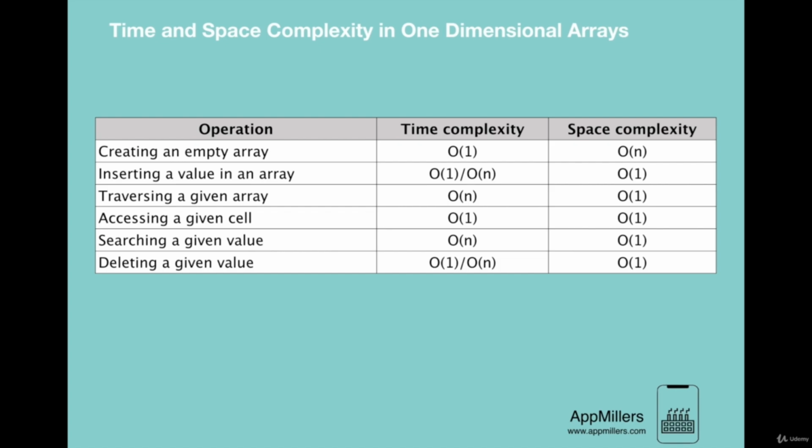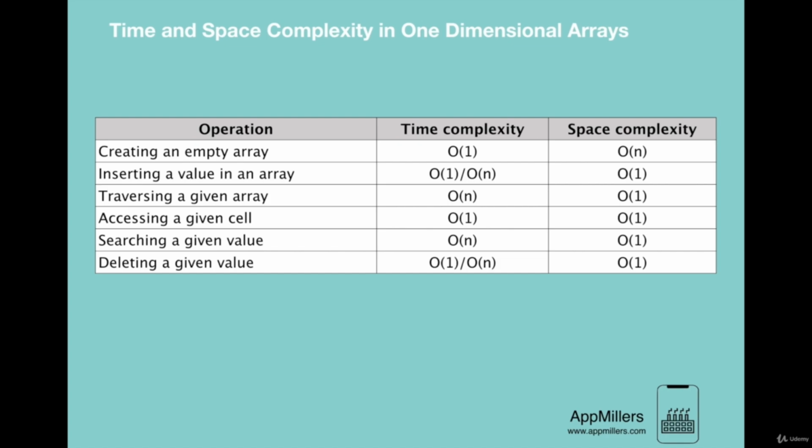So this will take O(n) time complexity. Imagine that if we have a million elements in one array, and we insert an element in the beginning of the array, these million elements have to shift one element right. So this will take O(n) time complexity. But here, space complexity is O(1) because we are just allocating one extra memory for this. So for this process, we don't need extra space.